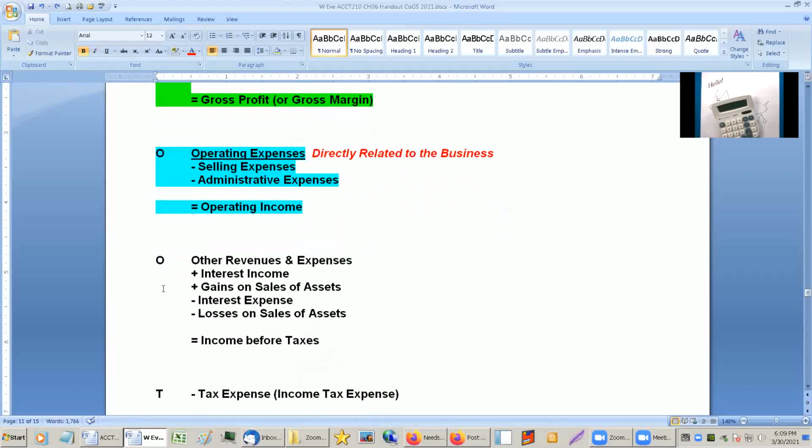Okay, down here, these are other revenues and expenses. Let's make those, I don't like gray. Okay, and these are things that are what they call incidental to the business. We'll talk about that in a second.